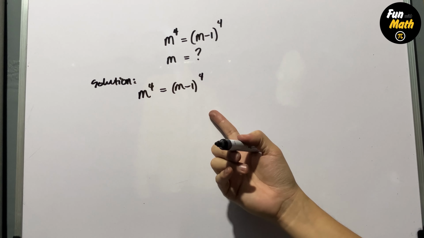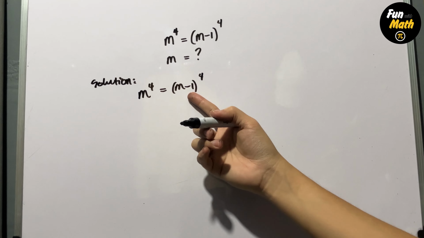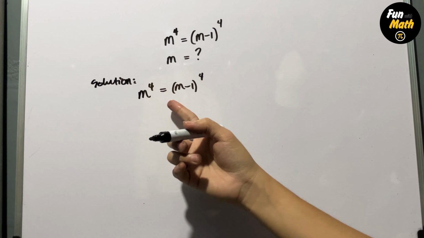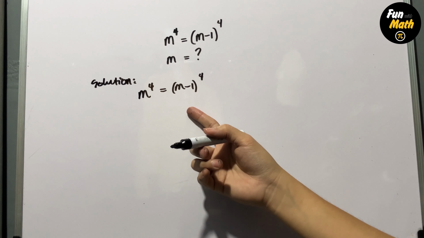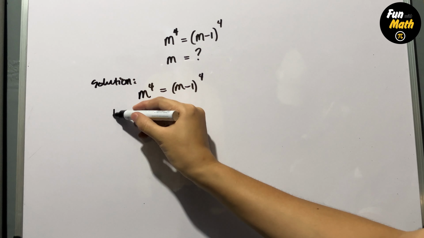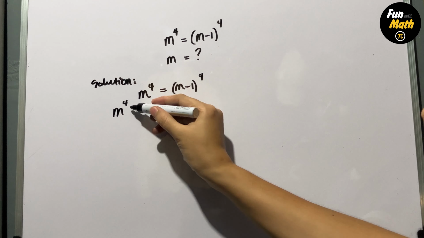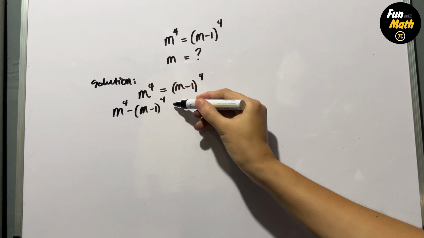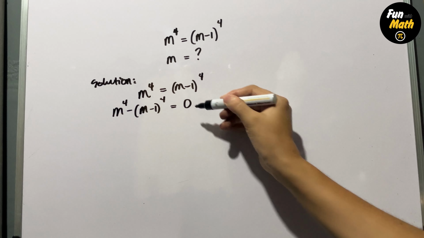Now for this, let's take (m minus 1) to the power of 4 to the left side so that the right side will be equal to 0. So let's write: m to the power of 4 minus (m minus 1) to the power of 4 equals 0.